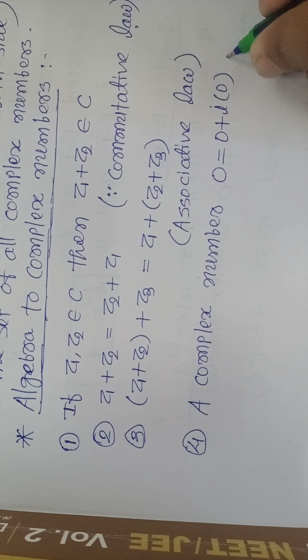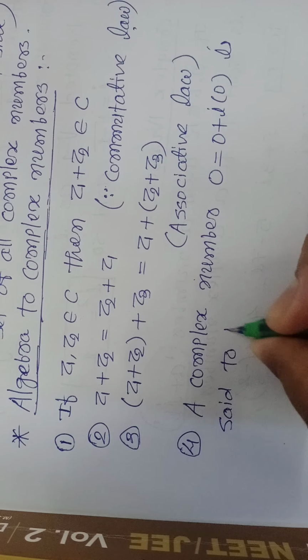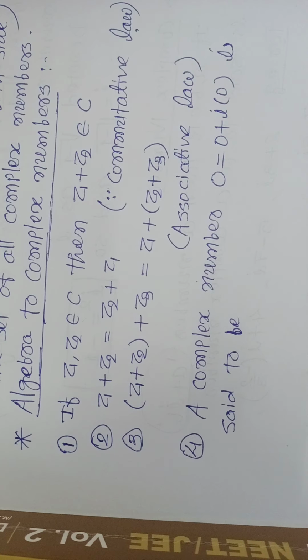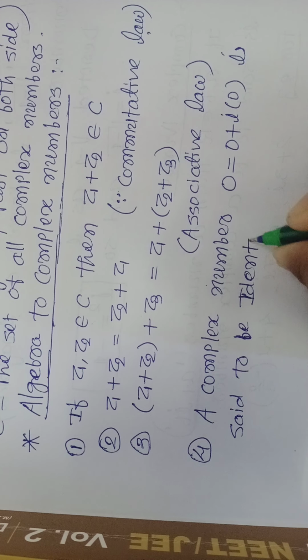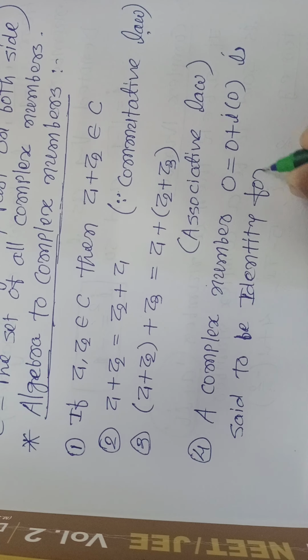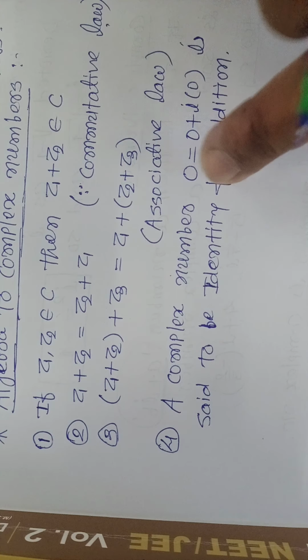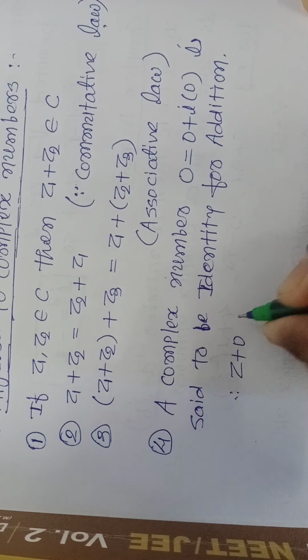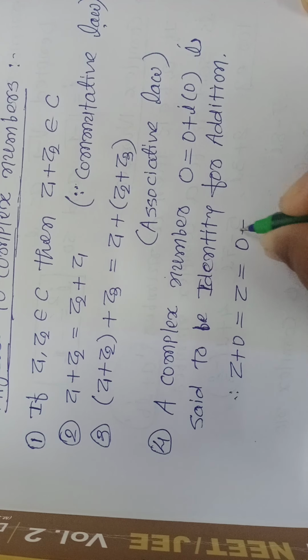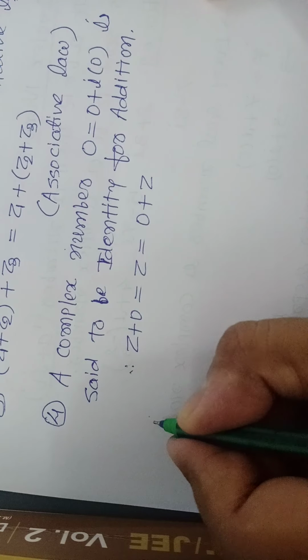A complex number 0 is said to be the identity for addition. Identity means that if you add this 0 to a complex number, there is no effect. Therefore z plus 0 is z is 0 plus z. This is very obvious. 0 is here a complex number, remember that.